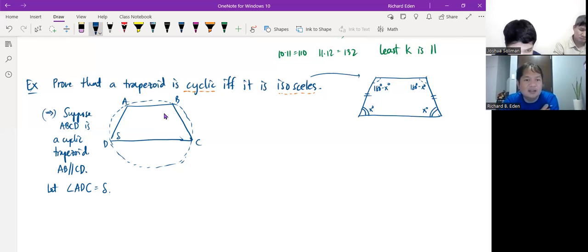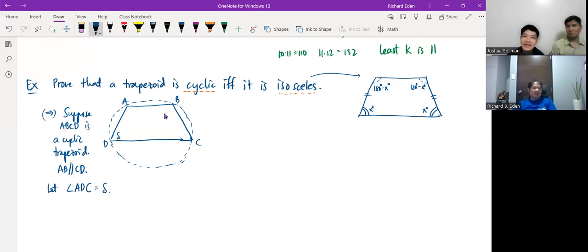So given that angle ADC is delta, what can we conclude? BCD is also delta. Why is BCD also delta? Because it is isosceles and the base angles must be equal. But we're trying to prove that this is isosceles. We don't know that yet. That's our goal. Show that angle C is also delta.